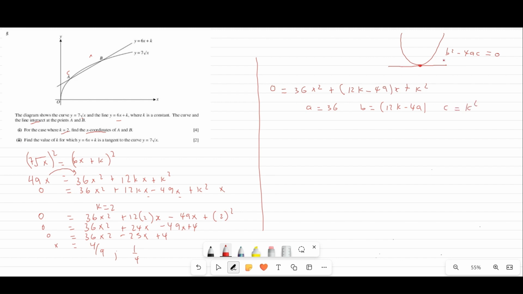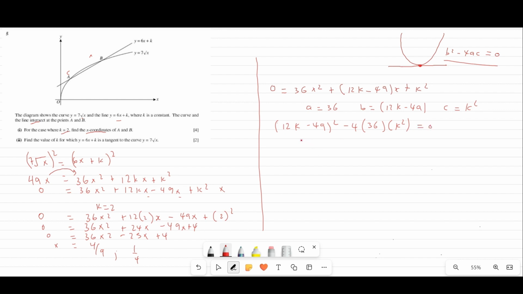Using the expression b squared minus 4ac, we need to substitute the values of a, b, and c. Our b squared is 12k minus 49 squared, minus 4 times our a, which is 36, times our c, which is k squared. This should be equal to 0.